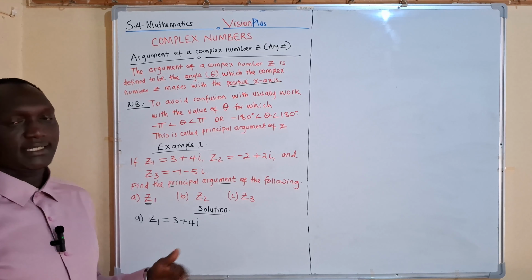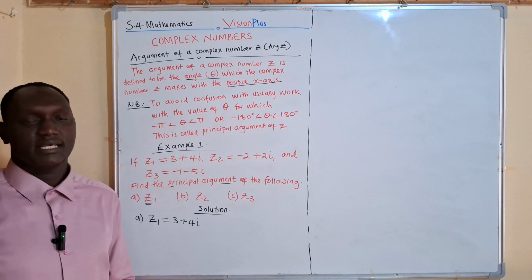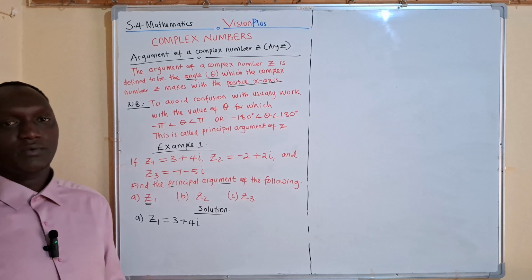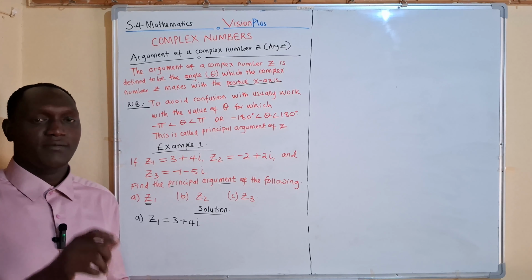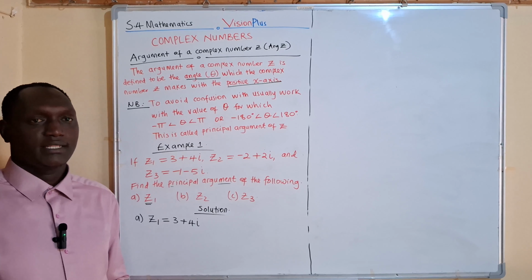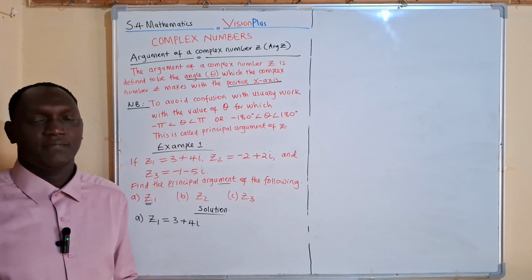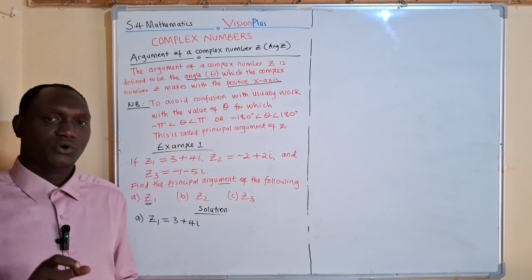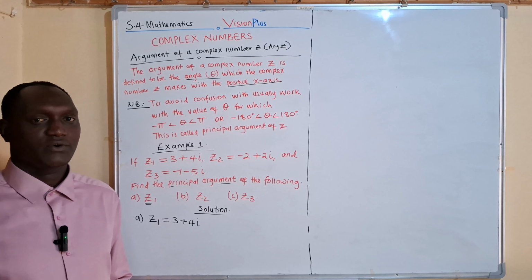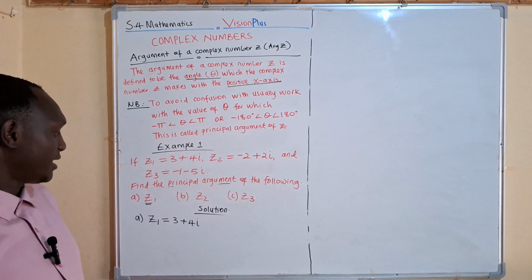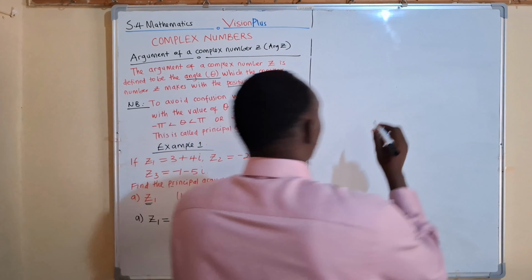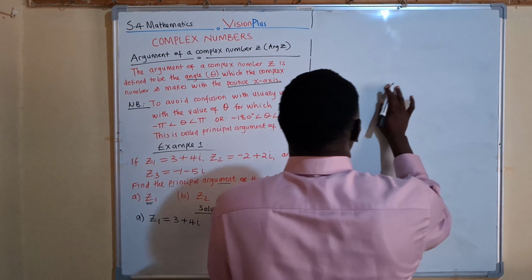It is always easier to get the answer when we represent the given complex number on a diagram, and then from there we get the angle. There is a shorter formula, but that formula does not always give the correct answer for every complex number. So the only way we can get all our answers simply is by drawing the Argand diagram.